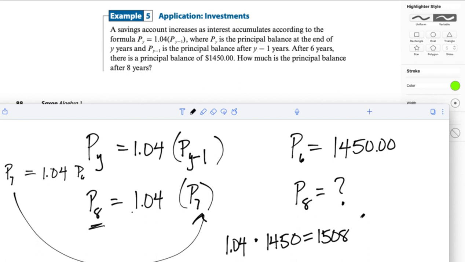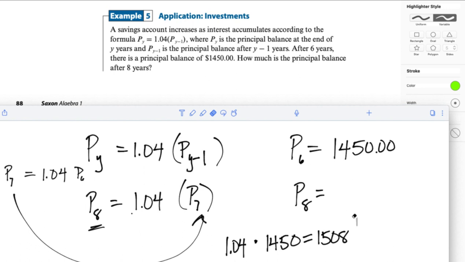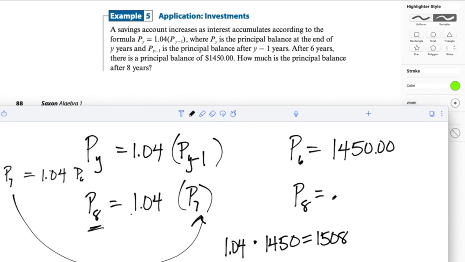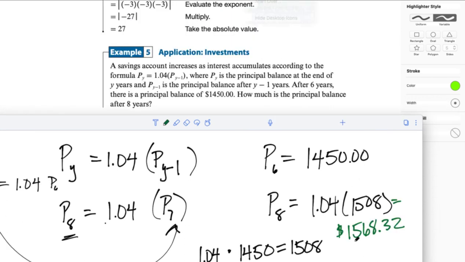So the equation would look like this. P sub 8 is equal to 1.04 times 1,508. And again, the magic of pausing, $1,568.32. All right.